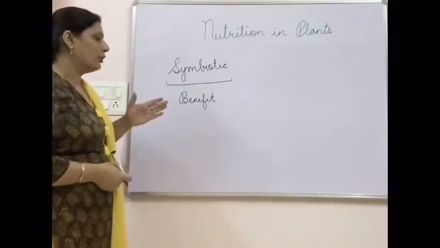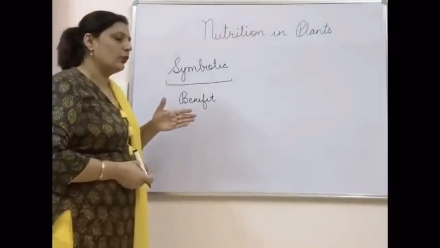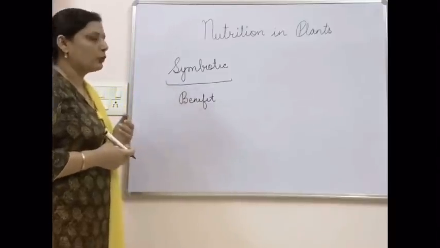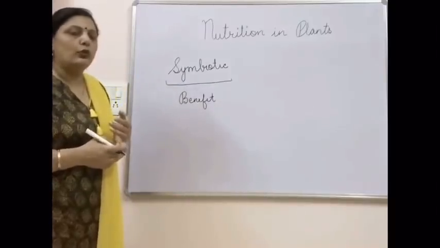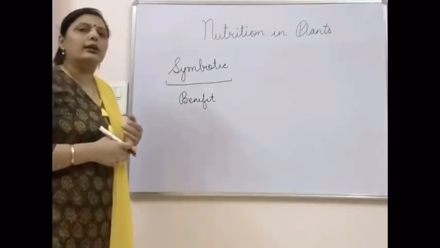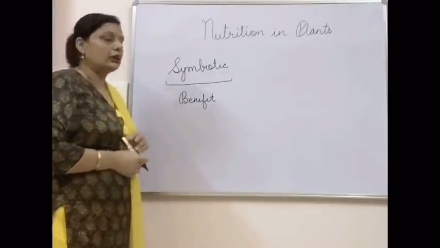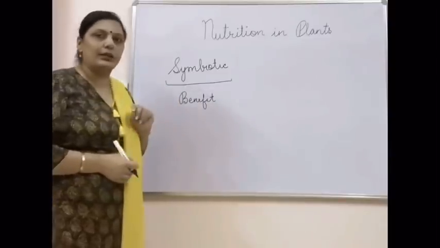In the case of the insectivorous mode of nutrition also, one organism is getting harm. And in the saprotrophic mode of nutrition also, one organism is getting benefit, the other one is already dead. But in the symbiotic mode of nutrition, both the organisms will get benefit.